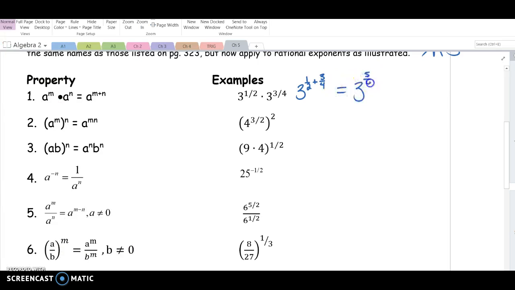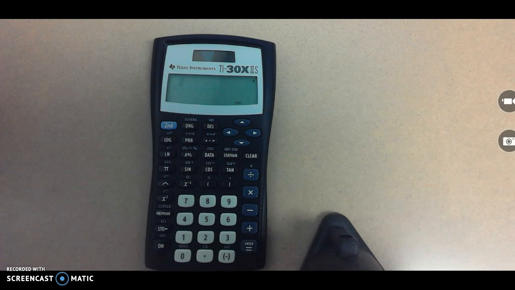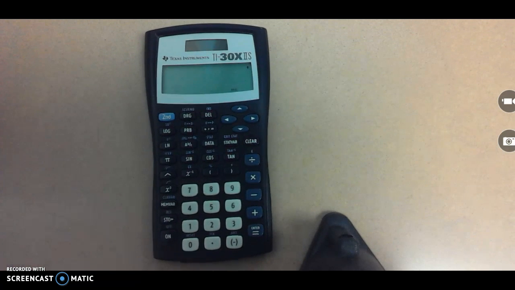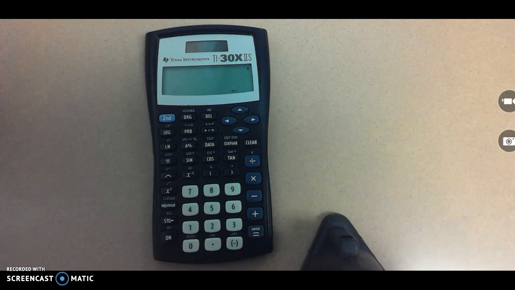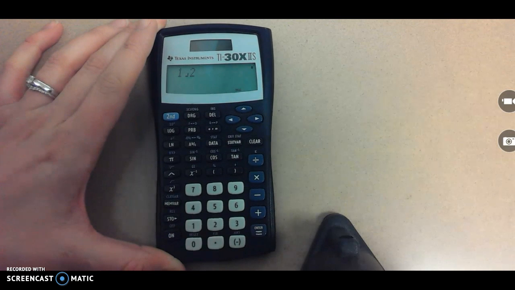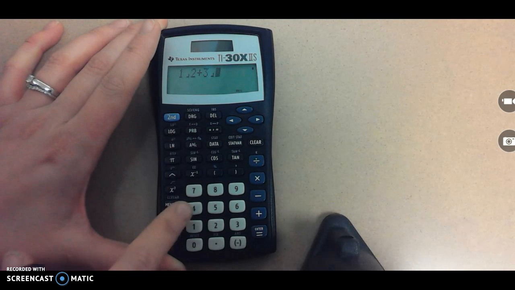Now, what if you don't have a fancy graphing calculator? If you have a scientific calculator, kind of like this one, here's how you would do this. We're supposed to do 1/2 plus 3/4. On this calculator, you want to use your ABC button. So 1 ABC 2, there's 1/2, plus 3 ABC 4.